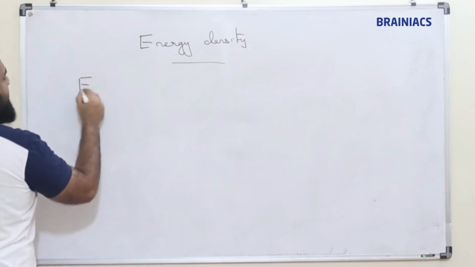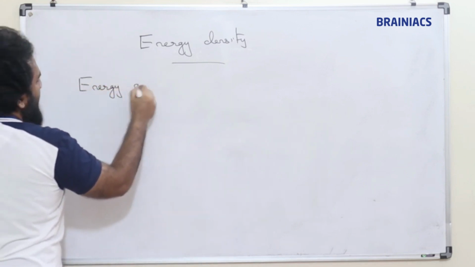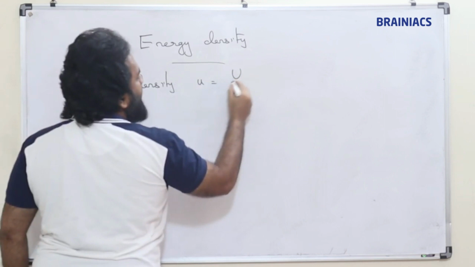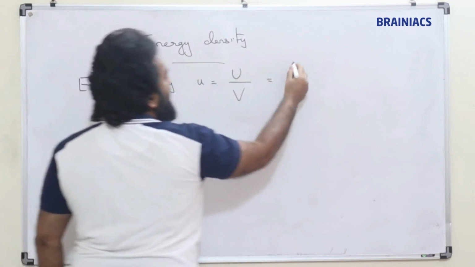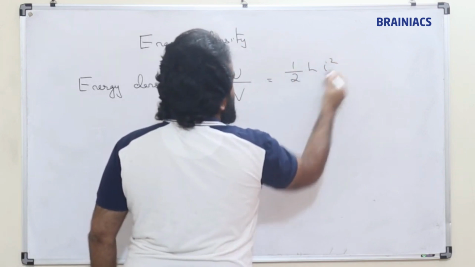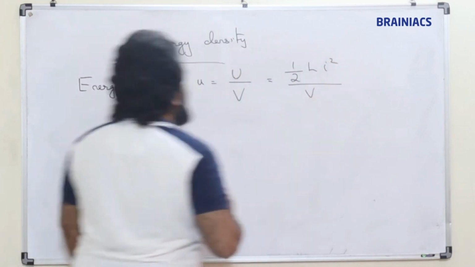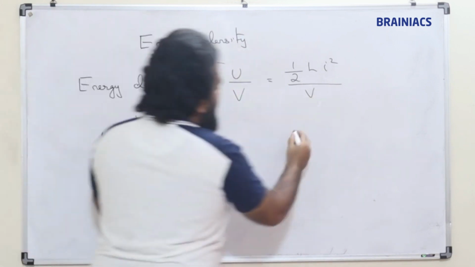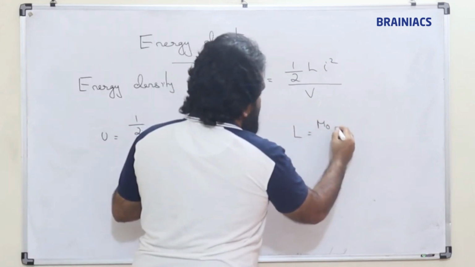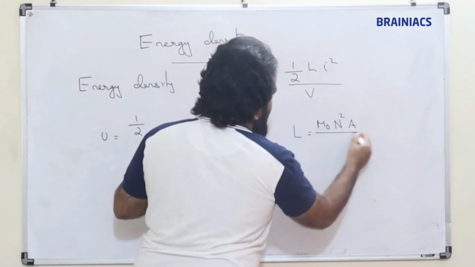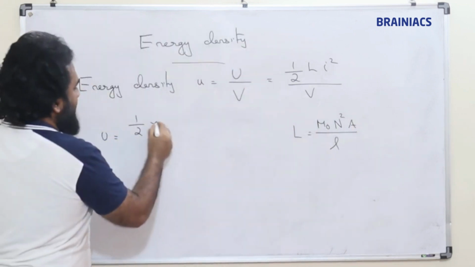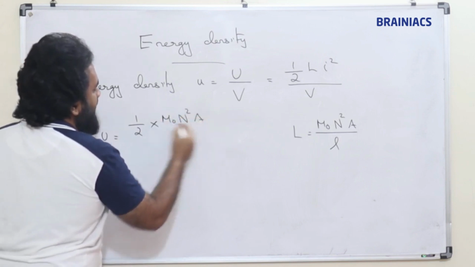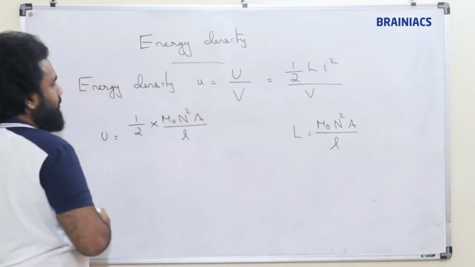So when we divide by the volume, we will get energy density. Energy density, small u, is equal to capital U by volume. What is capital U? Half Li square divided by volume. So u is equal to half into, and what was L? L is equal to mu 0 n square A divided by l, so we will substitute that here.